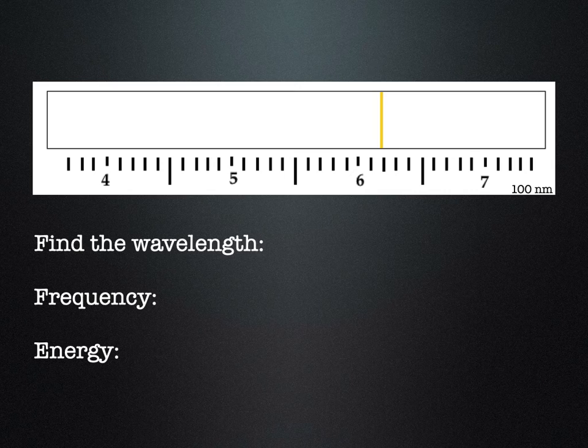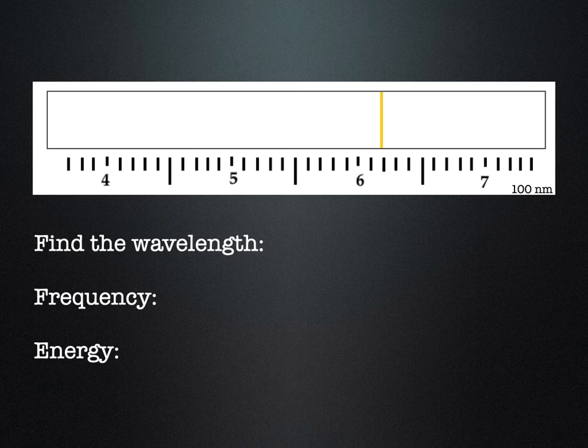So what I'd like you to do right now is see if you can take a reading for the wavelength of that band of light that I have here just past the 6. Make sure you record it to the right number of significant digits, and make sure you record the units.